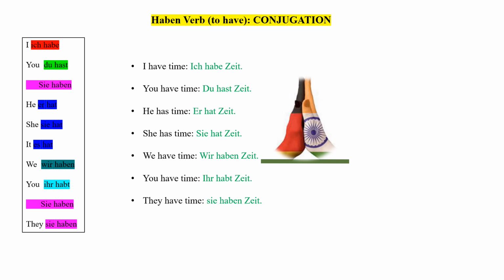In English, for I, the German word is ich. Suppose in English you want to say, you will say I have, you have, he has, she has, it has, we have, you have, they have.